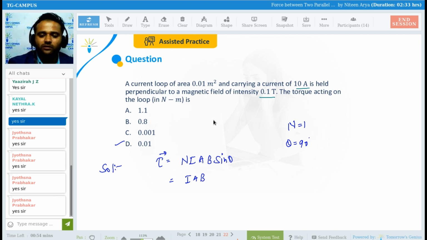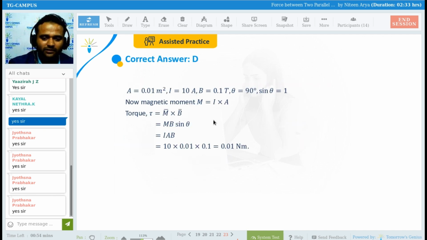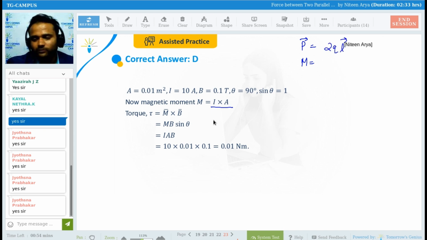On the next page, I can teach you this. Magnetic moment, as in the previous classes, is IA, or you can say I cross A, where area is a vector. As we have a dipole moment P equals 2QL, in the same way, due to current in any particular area, we have a magnetic moment which is I cross A. Clear?